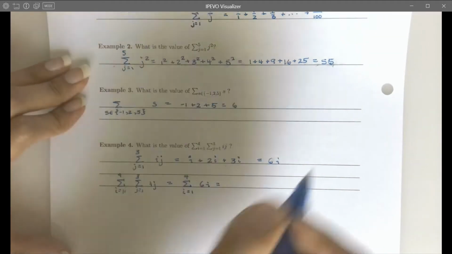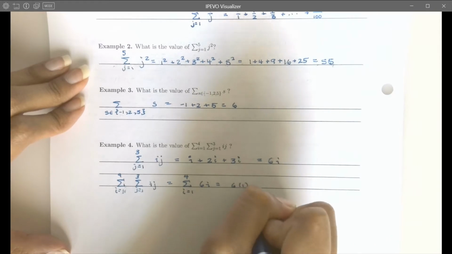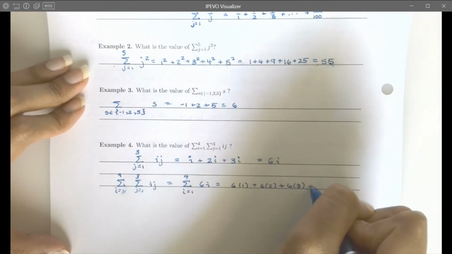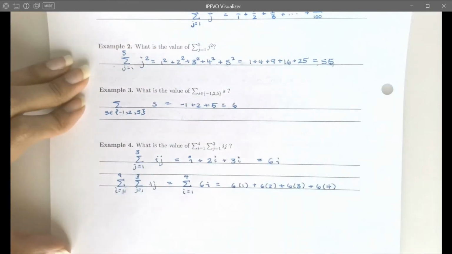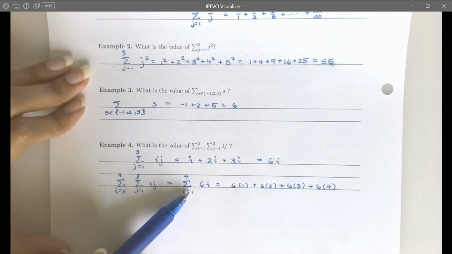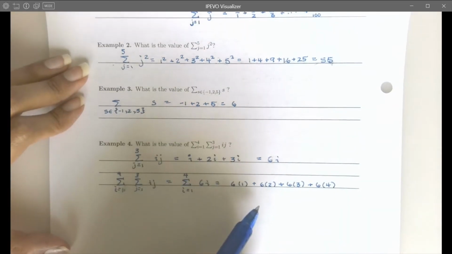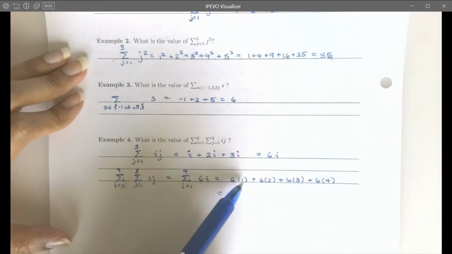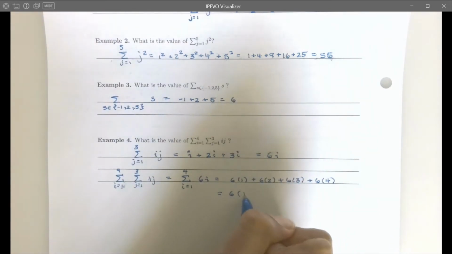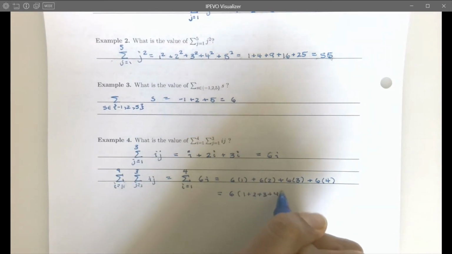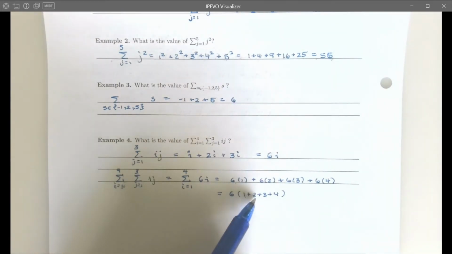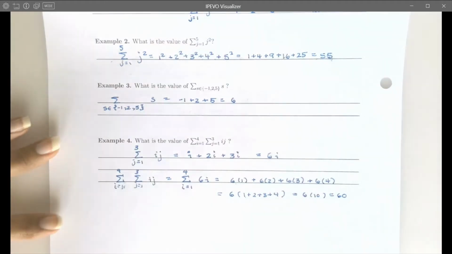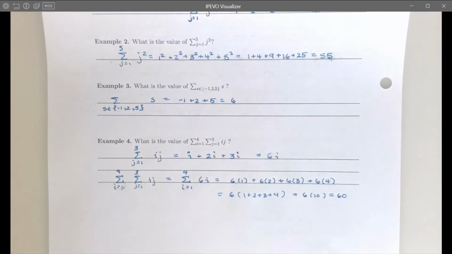Ultimately this becomes 6 times 1 plus 6 times 2 plus 6 times 3 plus 6 times 4, which is the last value of i that we are replacing. It's probably easier if I factor out the 6. We have 6 times 1 plus 2 plus 3 plus 4, which is 10. So 6 times 10 gives us 60. Our final answer for that problem is 60.